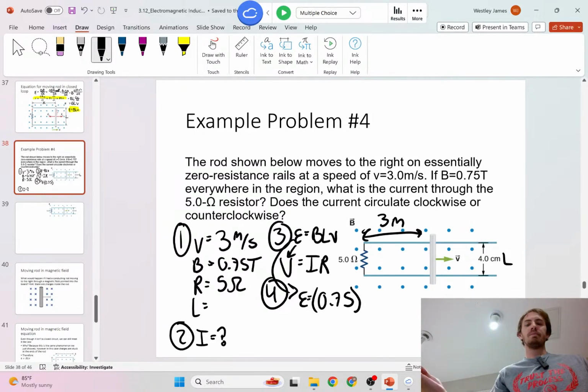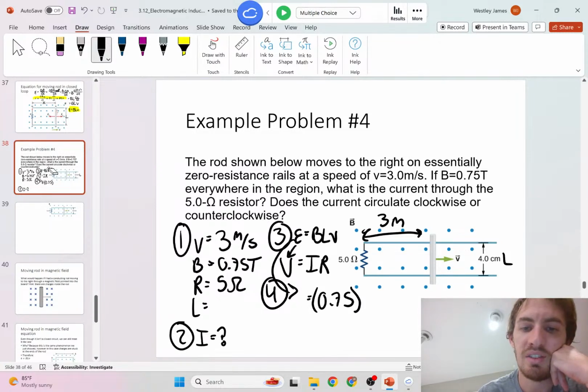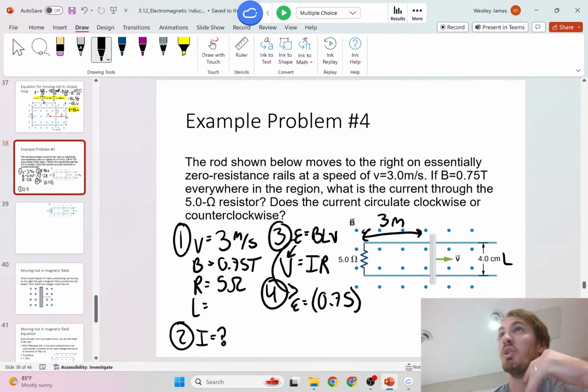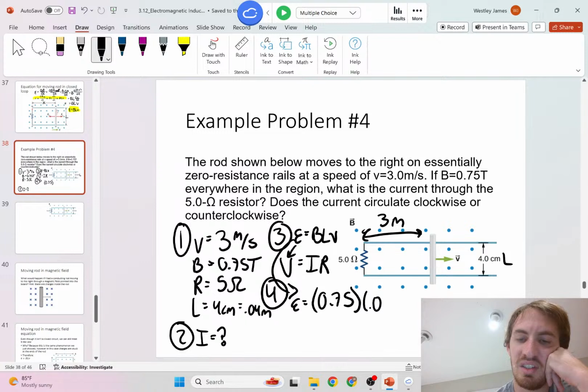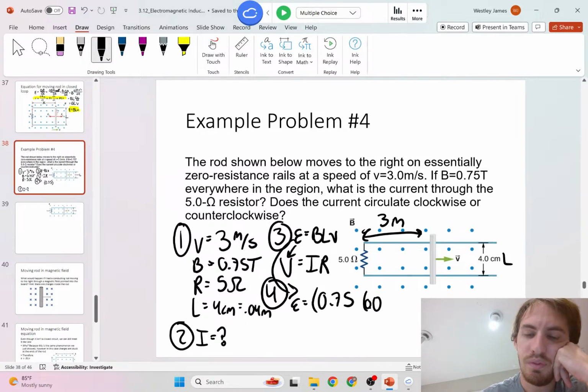Subtle, but it's one of those things you just got to know. What does the variable actually correspond to? It's the 0.04, the 4 centimeters, 0.04 meters. One of the skills from a physics class is being able to look at variables and know what they mean.